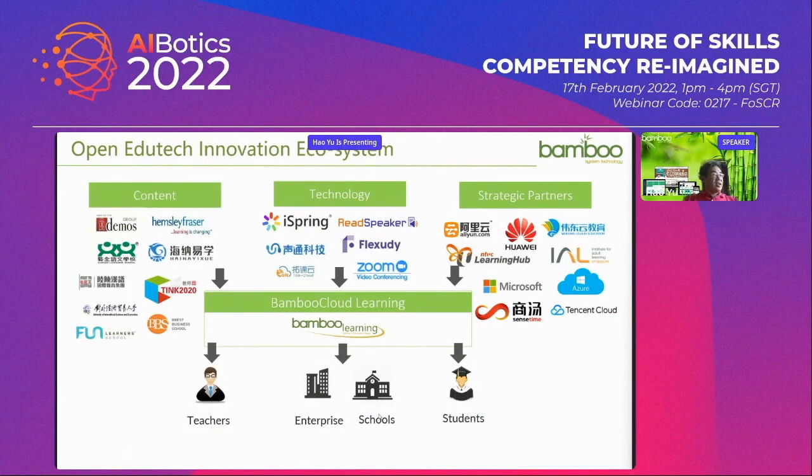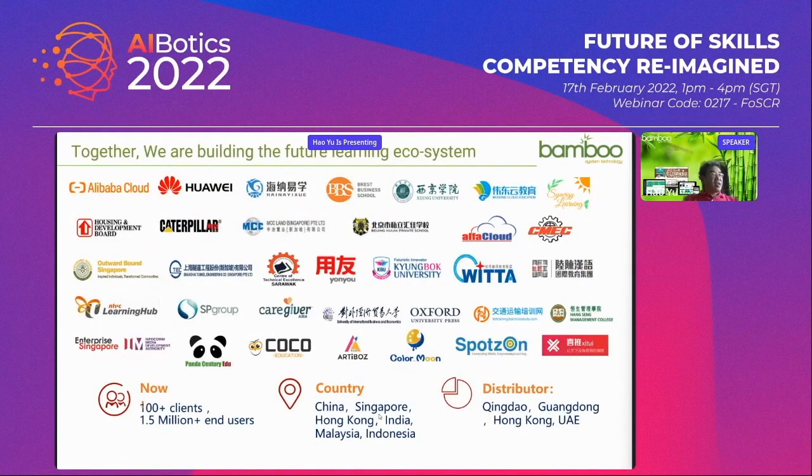We see the learning platform as a central place to integrate the right learning content, technology and strategic partners to build a one-stop end-to-end solution to serve teachers, schools, and students. Our clients and partners include major cloud service providers, some universities, schools, and training agencies, all current partners and clients of Bamboo Cloud.